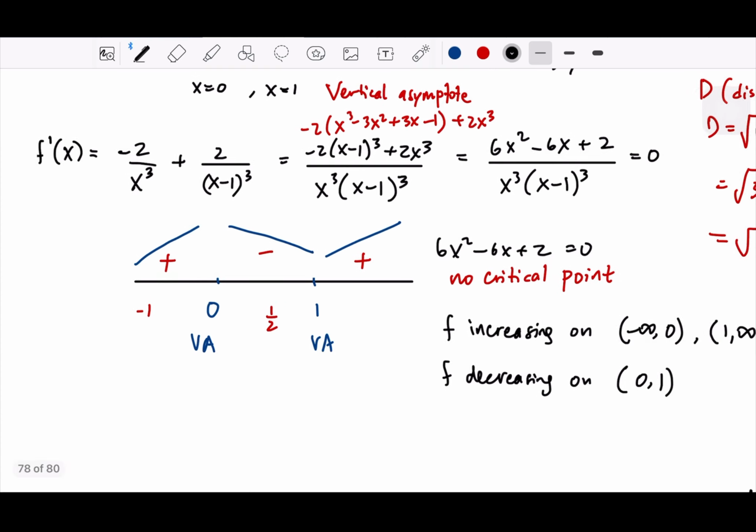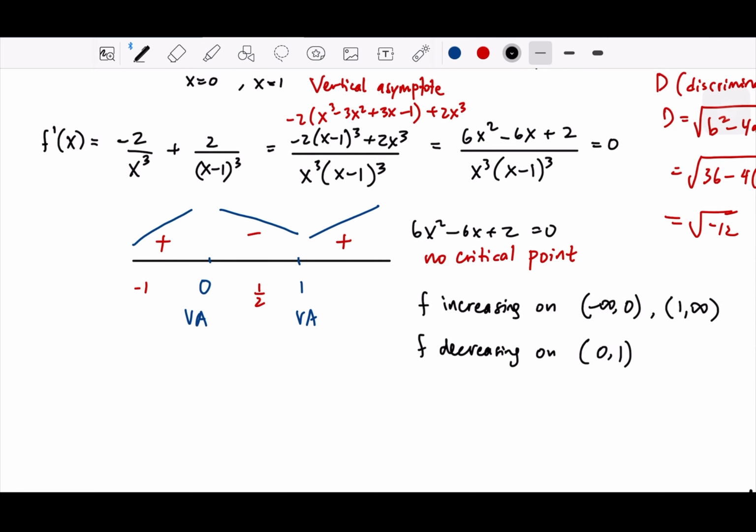Okay, but the real problem is the second derivative, because we are going to solve big polynomial problems.